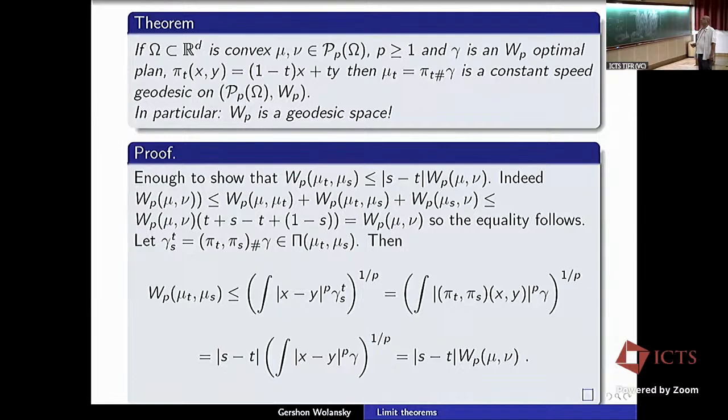The intuitive meaning is we just follow a straight line with velocity proportional to the distance that we travel between x and y, right? Here t goes between 0 and 1, so the velocity is proportional to the distance.